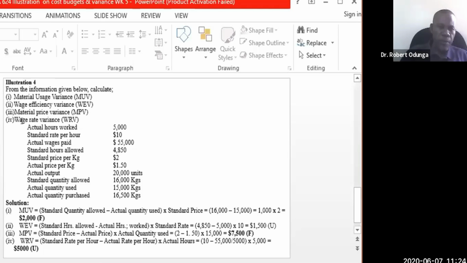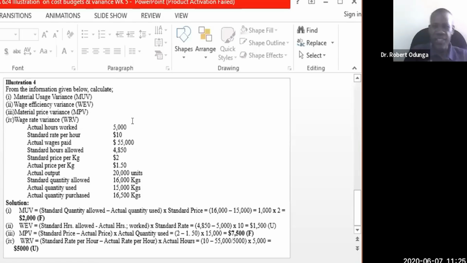So 4, from the information given below, calculate the material usage variance, the wage efficiency variance or labor efficiency variance, and then material price variance and wage rate variance.